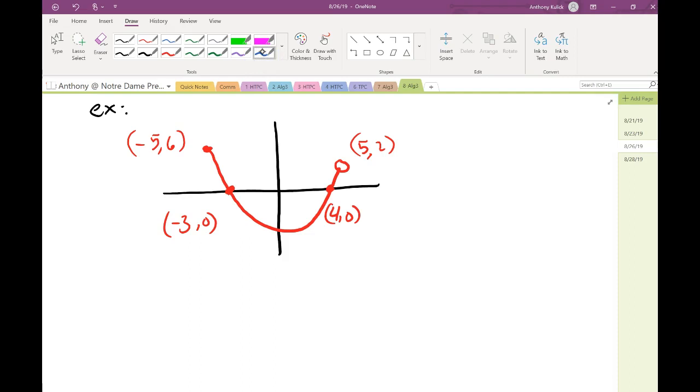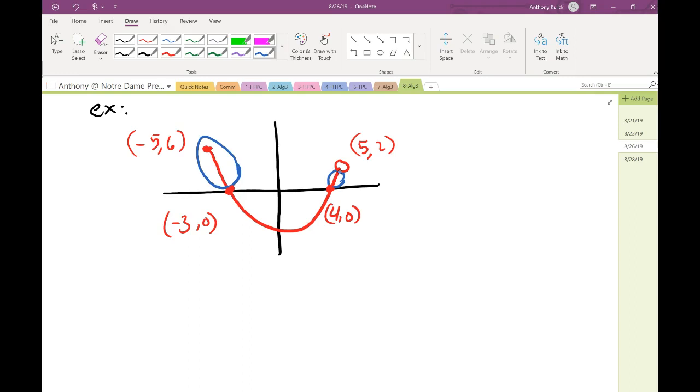So if I look at this graph, how many different parts of this graph do you see that are positive? 2. I see this part on the right, and I see this part on the left. And when I said left and right, I reversed what I actually pointed to, right?